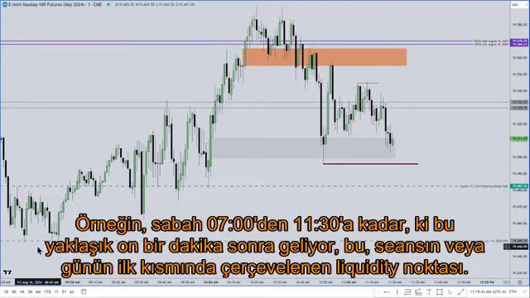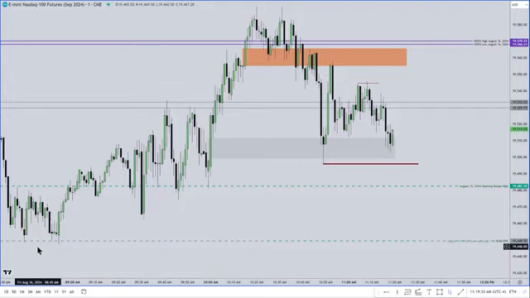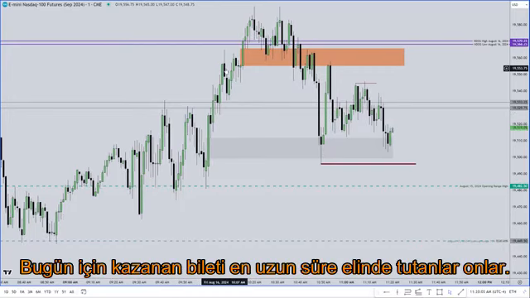So the majority of the money has been made on being long in the market or short? The longs. That's the longest profitable trade that's been in motion today. They are the ones that have been holding the winning ticket longest for today.